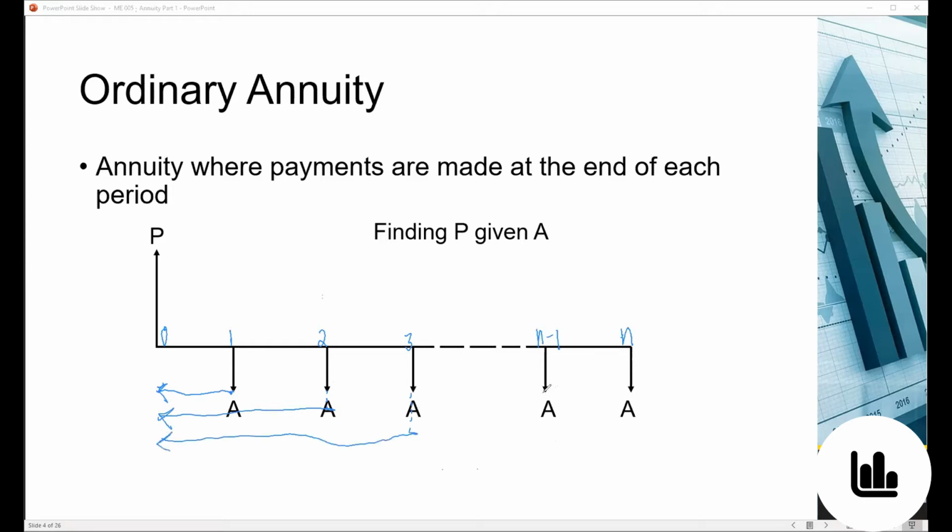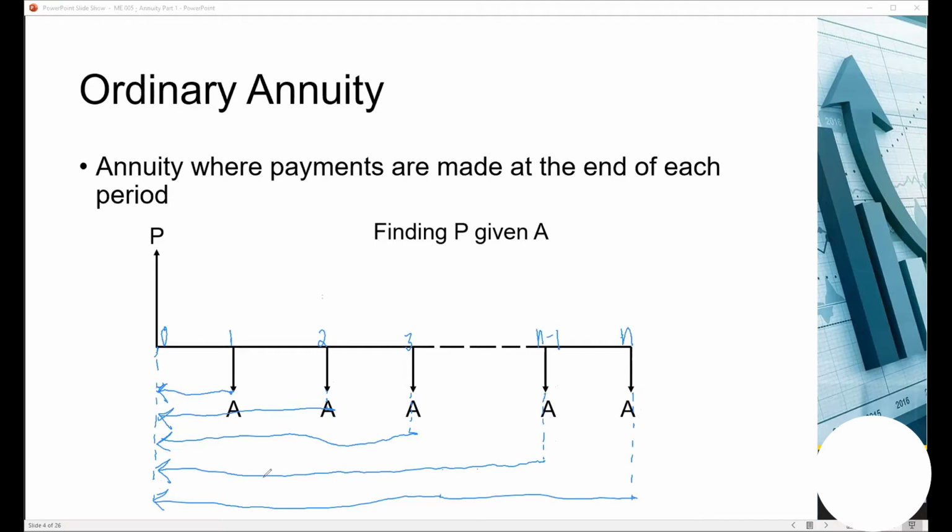Pangit ng sulat ko, sorry. So lahat dadalhin natin sa period 0, para ma-equal natin dun sa P, tama?